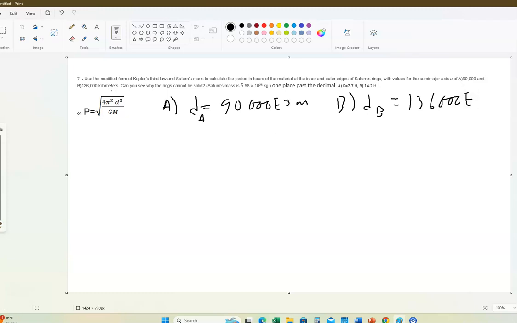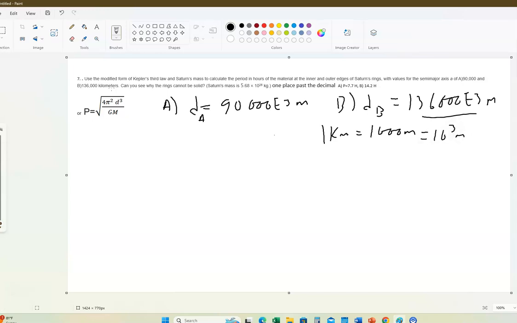It's the same thing, times 10 to the third meters. So now it's in meters. All I did is change the kilometers to meters, because in 1 kilometer there are 1,000 meters, which of course means 10 to the third meters.